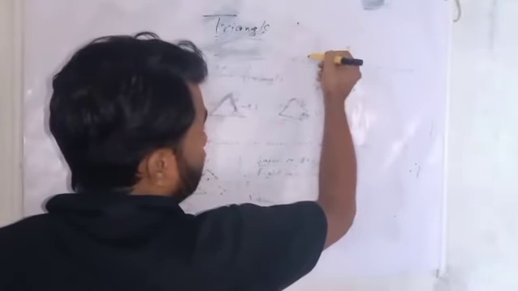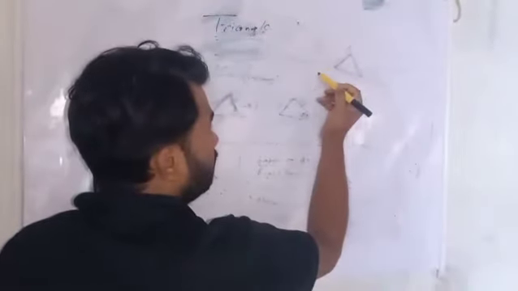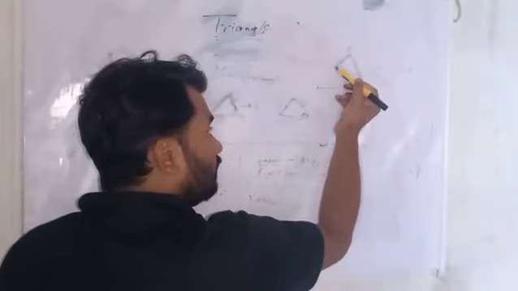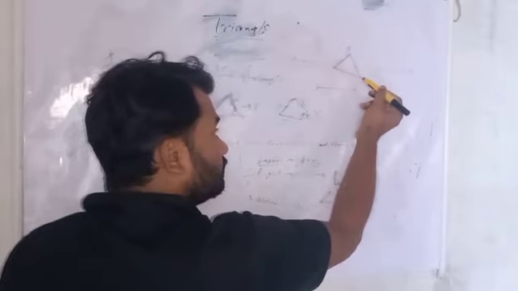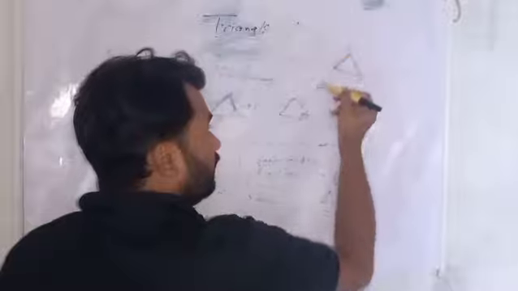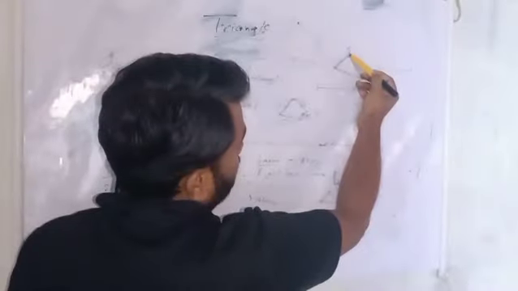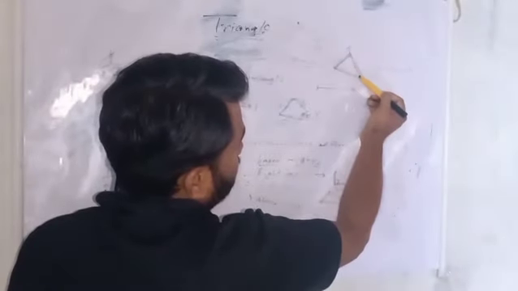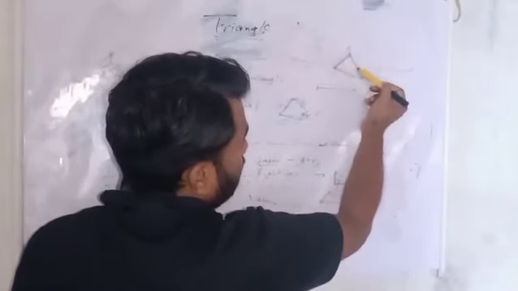This is the length of the perimeter. Think: perimeter is the length of the outside of the area. Perimeter is the sum of the lengths of all the sides of the triangle.